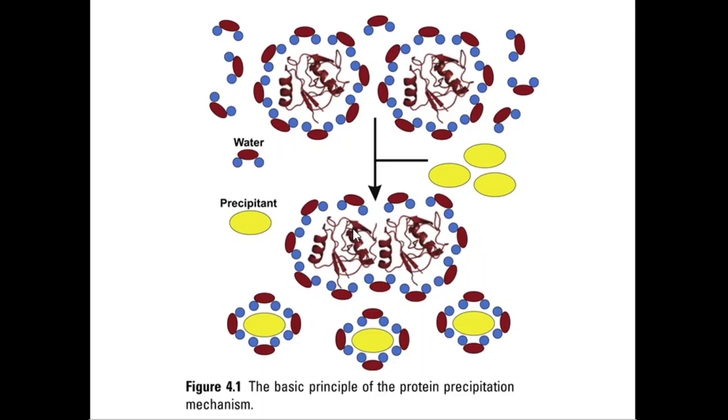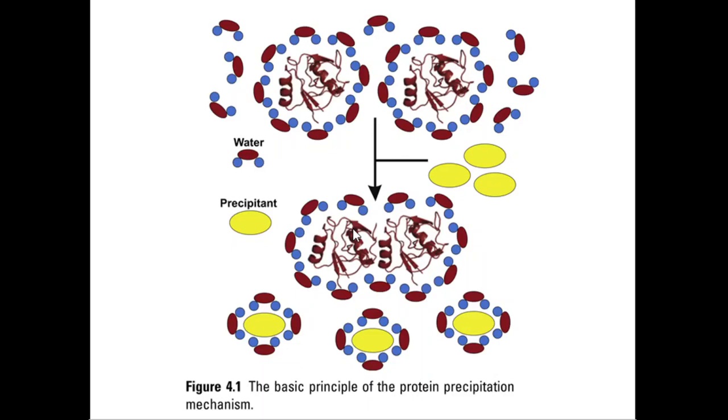So the protein molecules move closer together and begin to interact with one another through hydrophobic or charged patches on their surfaces.